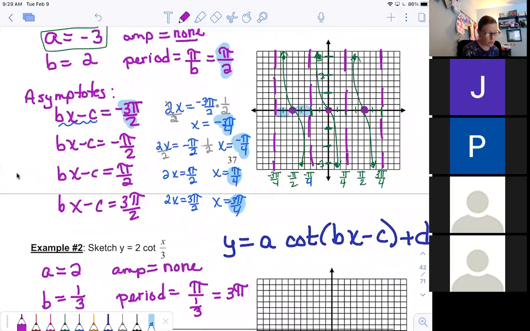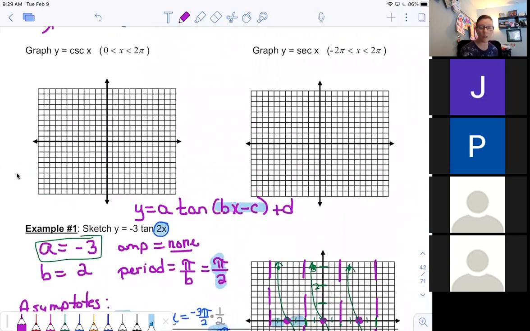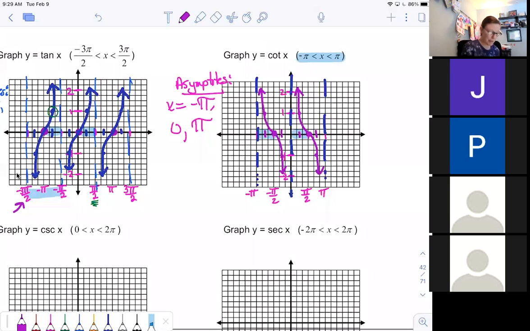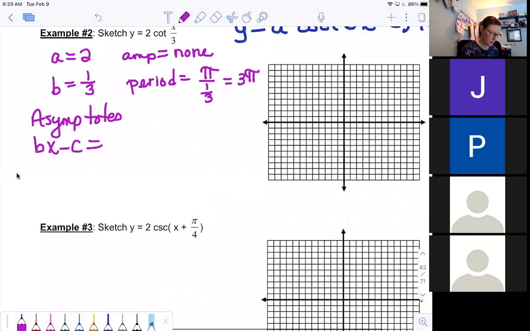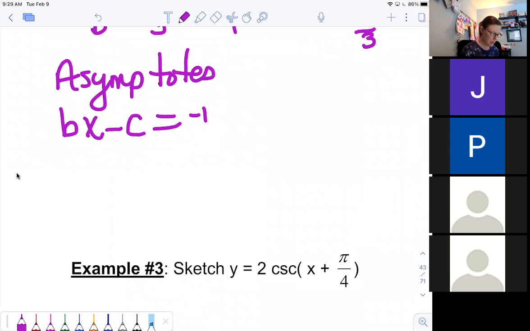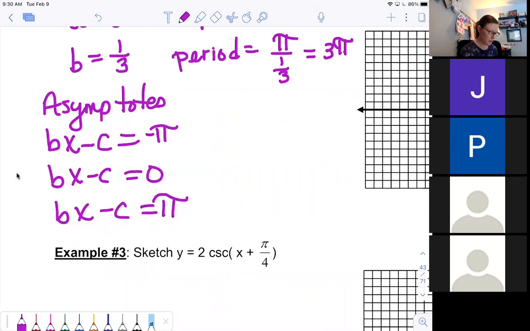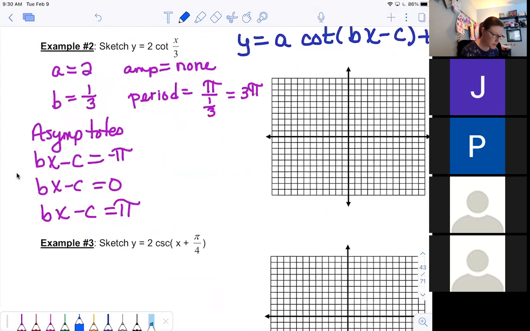So if I look at my original asymptotes for cotangent, they're at all the pi values. So they're at negative pi, 0, and positive pi. So whatever's after cotangent is what you set equal to those asymptotes. So x over 3 is equal to negative pi. It's equal to 0.